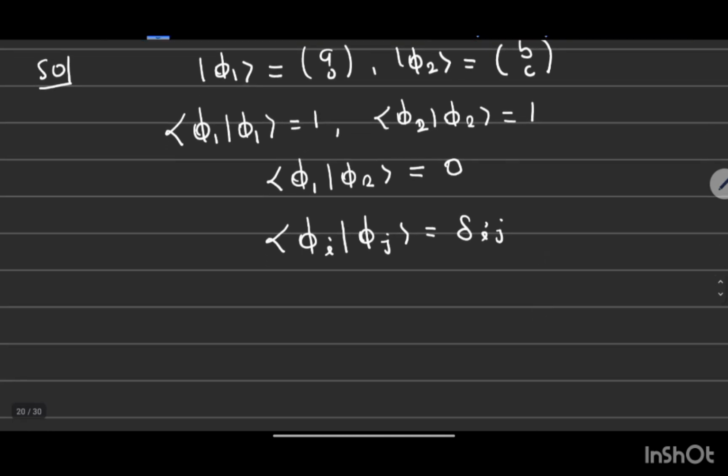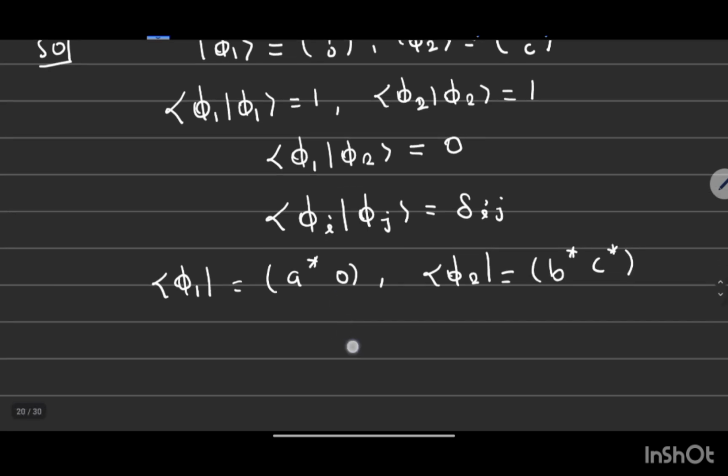Okay, now let's use this property and find the values of A, B, C. Given ket phi1, what is the bra phi1? It's a row matrix: bra phi1 is equal to A star 0, and bra phi2 is equal to B star C star.